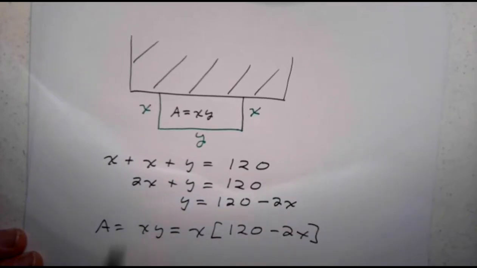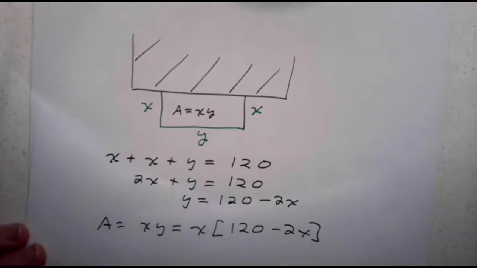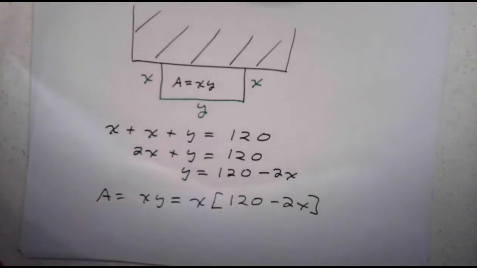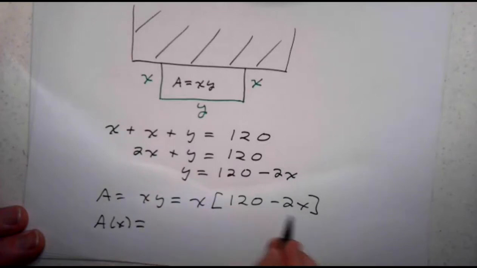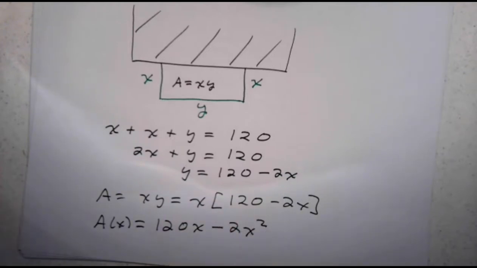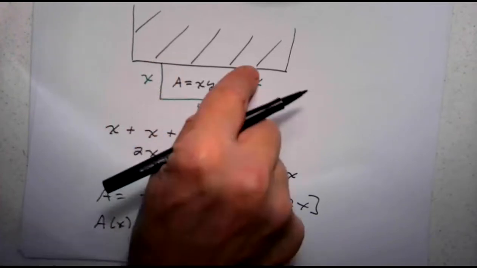So area as a function of X is that, multiplying it out a little bit, we get 120X minus 2X squared.